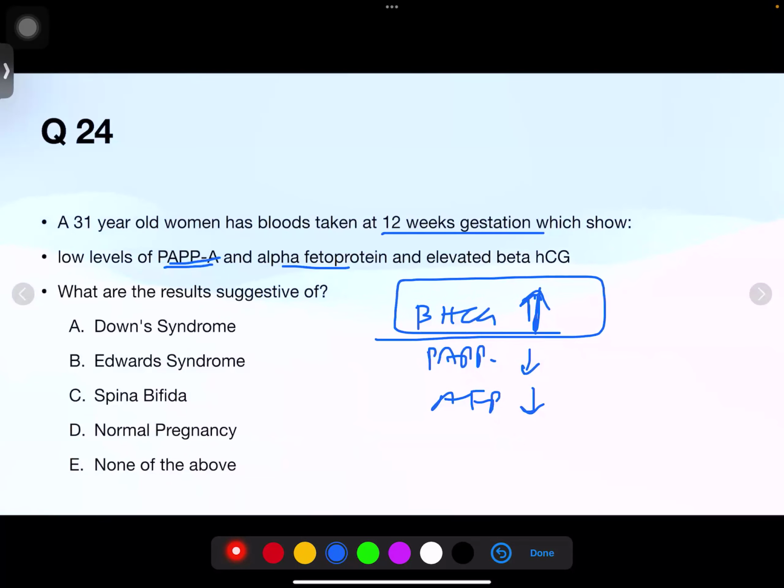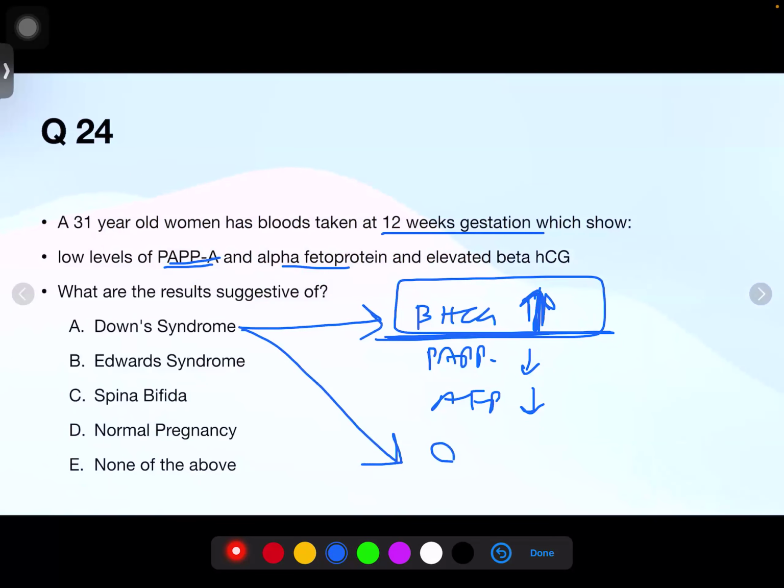Whenever beta-HCG is elevated, just go with Down syndrome, because Down syndrome has two things elevated: beta-HCG and what was the second biochemical? Inhibin, yes, not estriol. So whenever beta-HCG and inhibin are raised, it is Down syndrome.